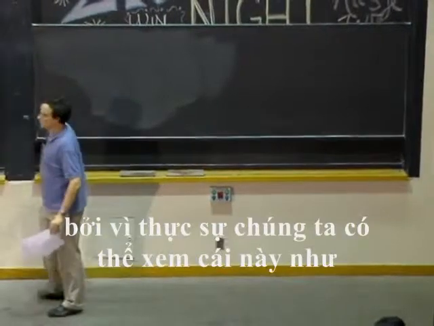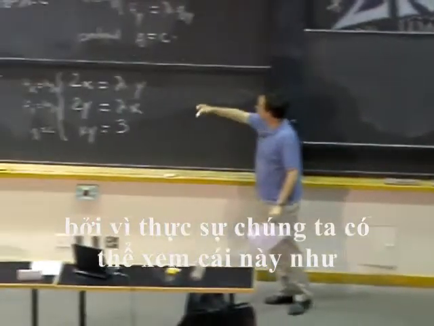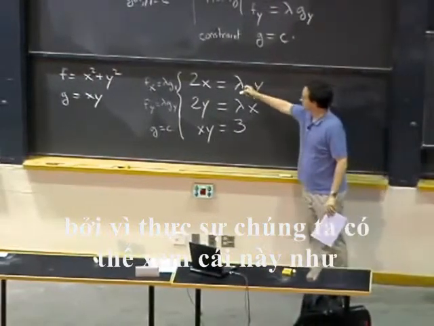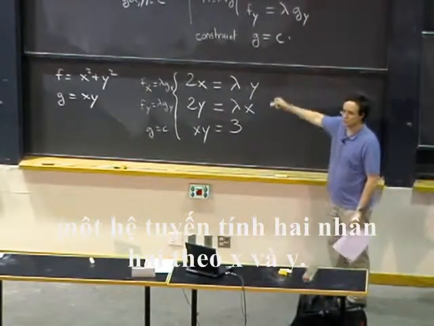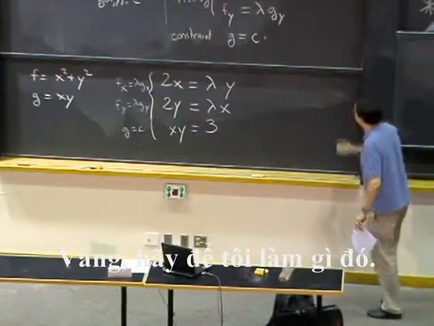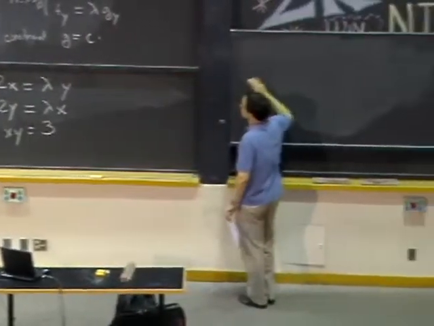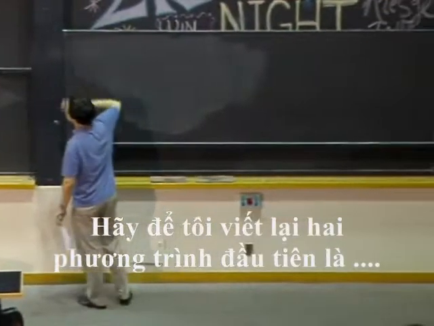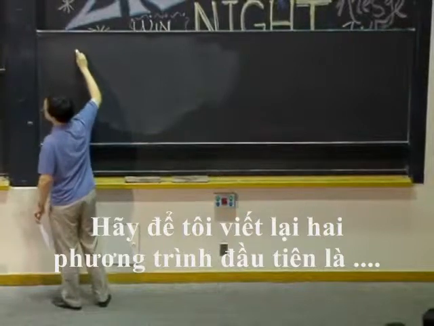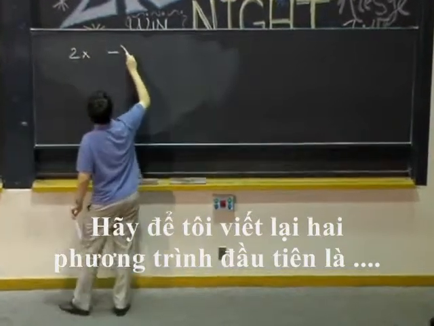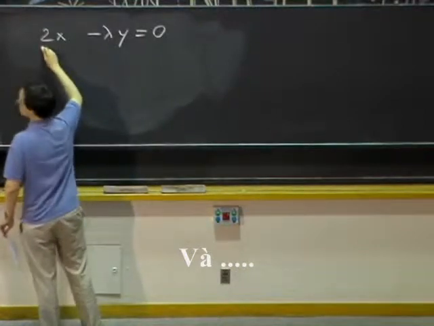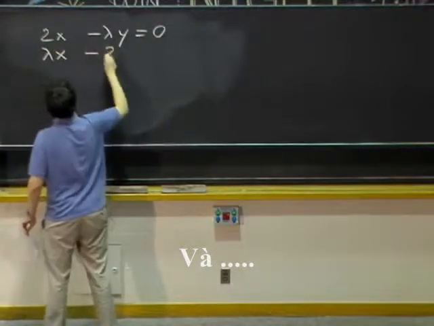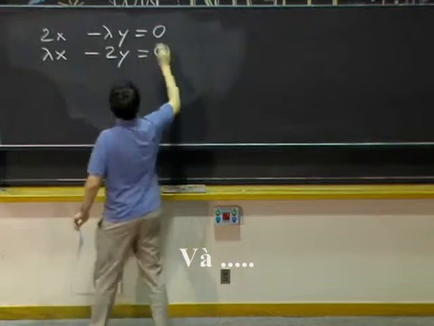Okay? Because actually we can think of this as a 2x2 linear system in x and y. Well, let me do something. Okay? So let me rewrite the first two equations as 2x minus lambda y equals 0 and lambda x minus 2y equals 0.